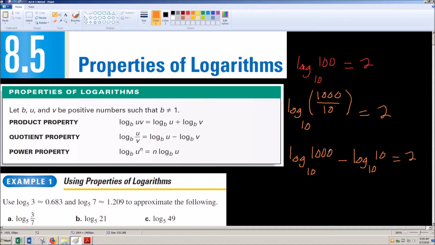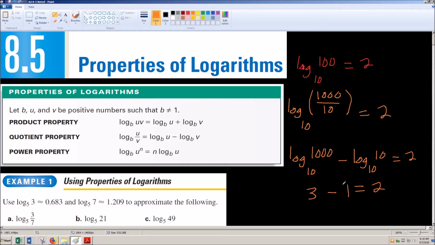This gives me 3, right? 10 to the what gives me 1,000, 10 to the third. So this is 3 minus 1 equals 2, and that is correct.